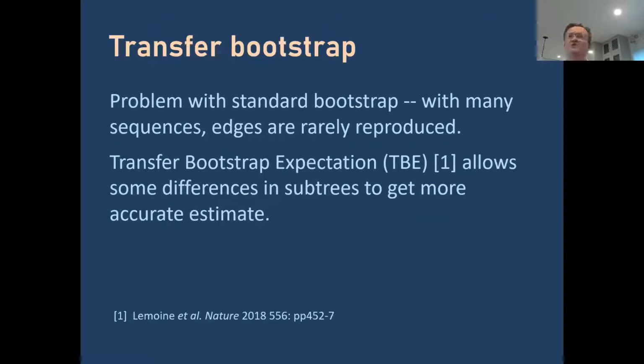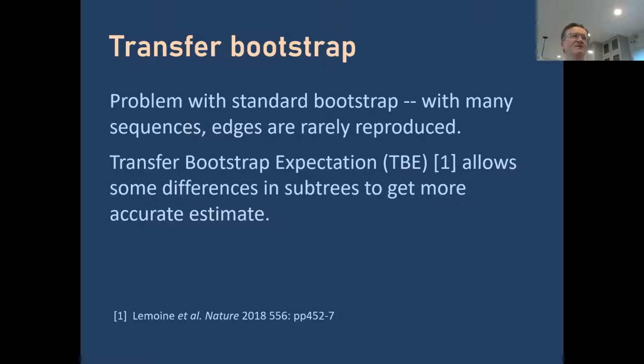There's a modification of that procedure which was recently proposed. There's a Nature paper from 2018, and this addresses the problem that when you have many sequences, you often don't reproduce an edge, but you get very similar subtrees. The problem with the standard Felsenstein method is that it only takes one difference and the edge isn't reproduced anymore.